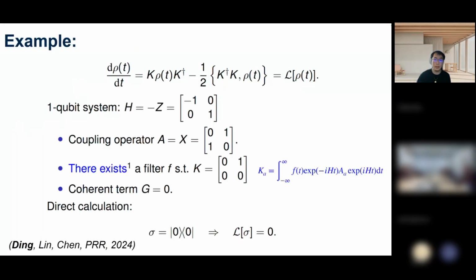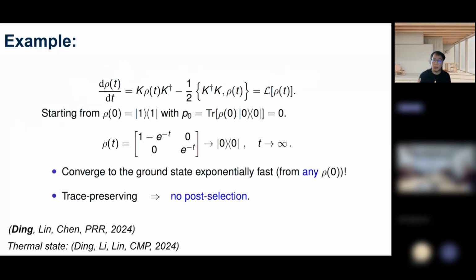We can also do some further calculation to show that if my initial state equals the 1 state, then the initial overlap between my initial state and the ground state is actually 0. There is no overlap with the ground state.